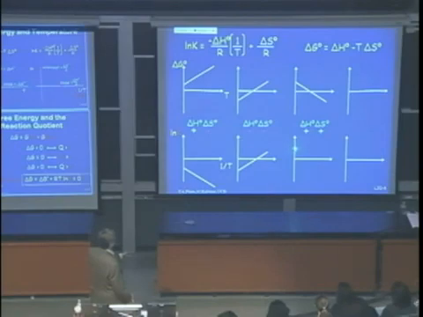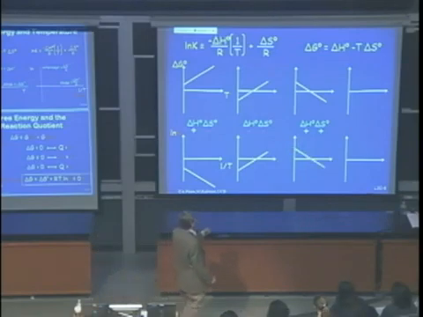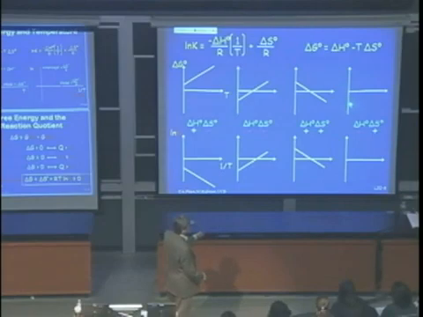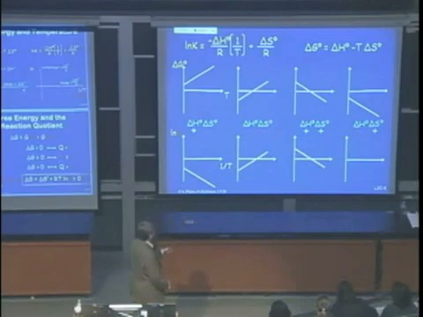Negative, okay, and so this one would be negative and positive. So delta H would be here, and the slope for the delta G. Negative, exactly. And this one here, you have delta S would be positive, would be here, and the slope.